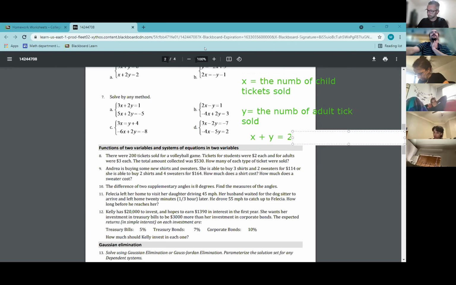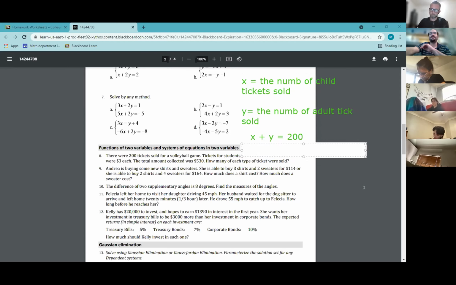The other thing that we want to talk about is the cost. So it's $2 per child. If I want to know how much all the children spent, it's the amount they spent times the number of children. If I want to know how much the adults spent, they spent $3, and there were Y adults.